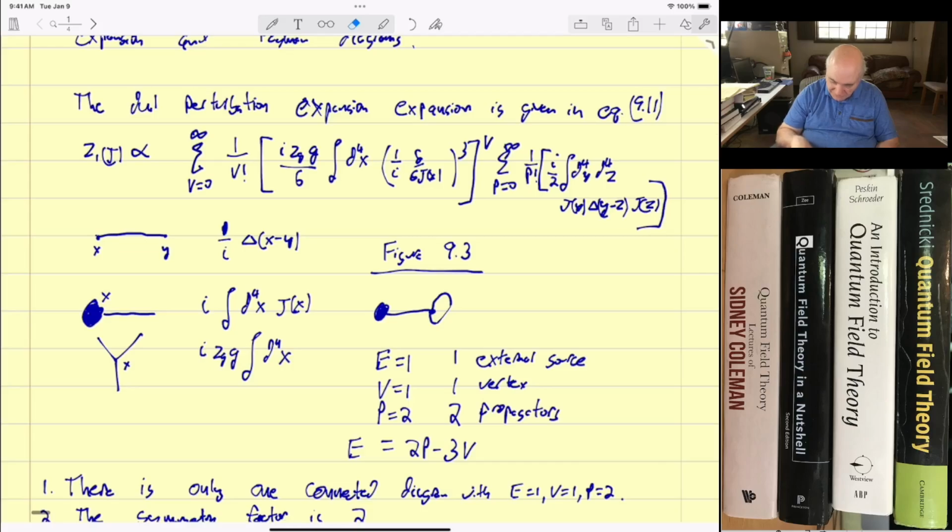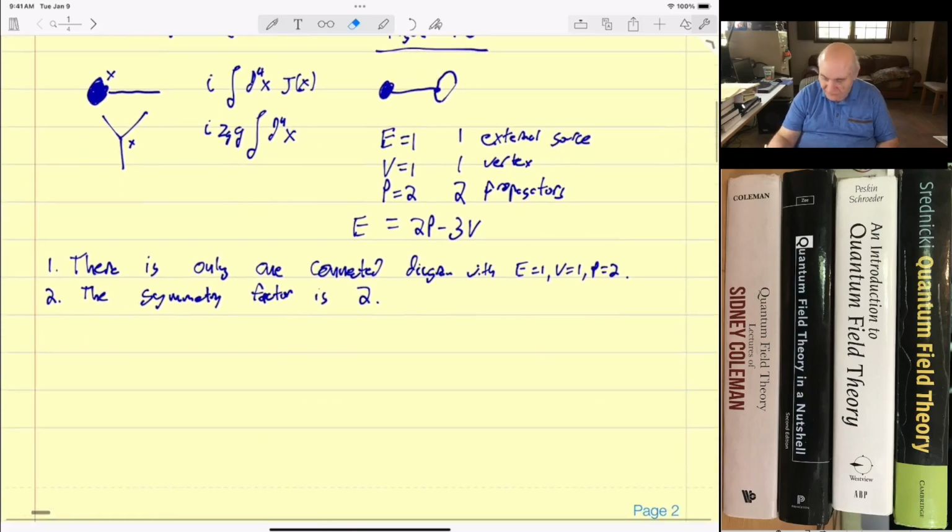And the answer is sometimes yes, when the symmetry factor is 1. In other words, when there is no symmetry factor, the answer is yes. But when there's a symmetry factor of 2, it means that you have to divide the expression you get from the dictionary, from the diagram, by 2 to get the expression from the Taylor expansion. And that is what we're going to show.